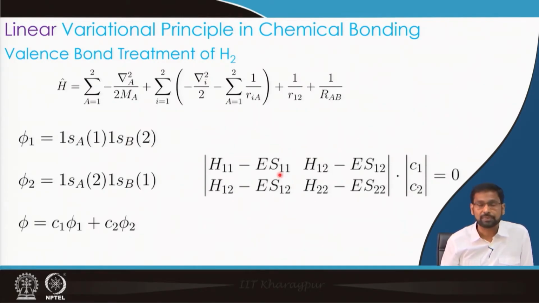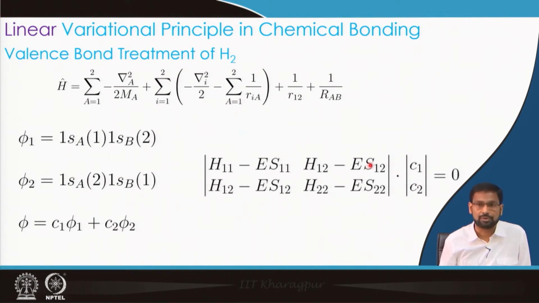We now evaluate these integrals, because the moment we evaluate them, we plug them into this equation and immediately get the energy values as well as the coefficients C1 and C2. That means we will get the eigenvalues, the energies of the states, and the wave functions of the states. The only thing stopping us is getting these overlap and energy integrals.